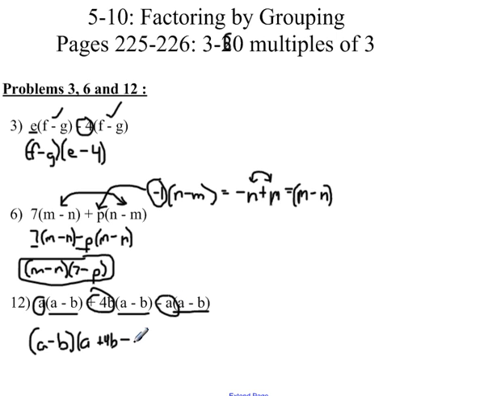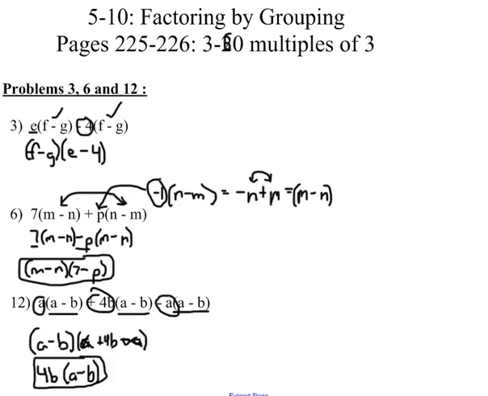Now you can simplify these parentheses just like you would any others. You have a minus a, so those cancel. When you rewrite that, it's going to be 4b times a minus b. I flip those around because since I just have a monomial as 4b, customarily you write that first. So there's the first 3.